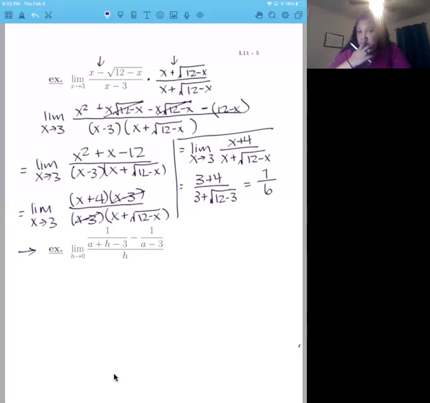But I think one of the easier things to do is just multiply by the common denominator that's in the numerator. Again, we don't want to change the function, so we're going to multiply it by the top and the bottom. In the numerator, the common denominator is a plus h minus 3 times a minus 3. We're going to do that on the top, and we're going to multiply it on the bottom.